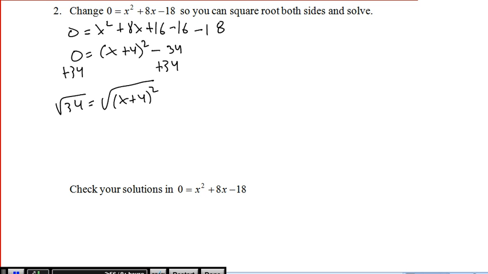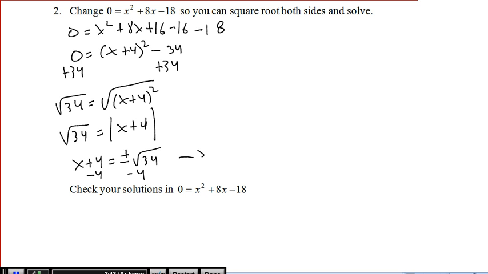And now I can square root both sides. So I get root 34 equals the absolute value of x + 4. So x + 4 is going to equal positive or negative root 34. Subtract 4 from both sides, and I get x equals negative 4 plus or minus root 34.